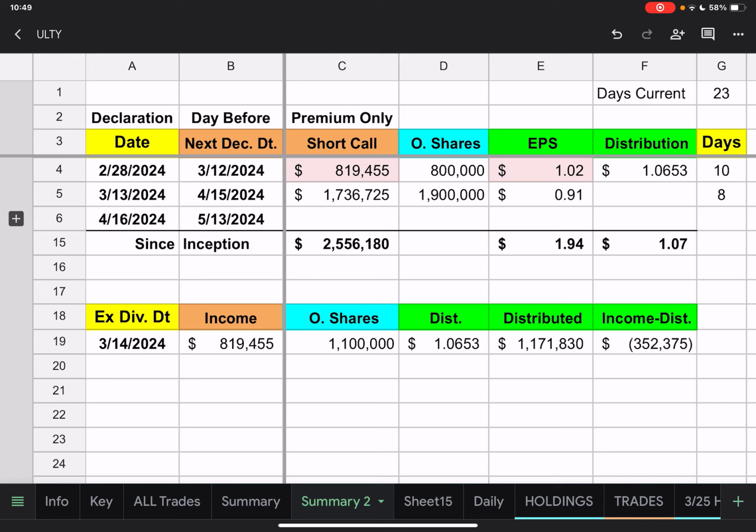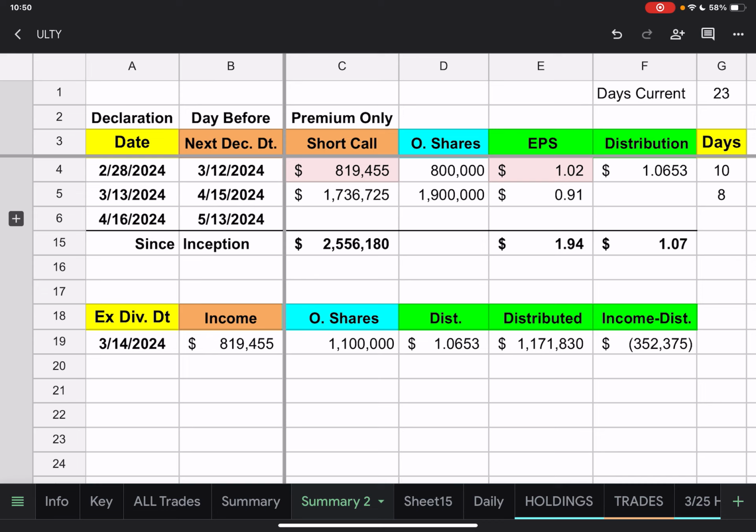Now, the next line, what I've done here is, of course, from the declaration date to the day before the next declaration date. And then our short call premium, this will calculate the short call premium between those dates, which is to date right now because we're not into April yet.